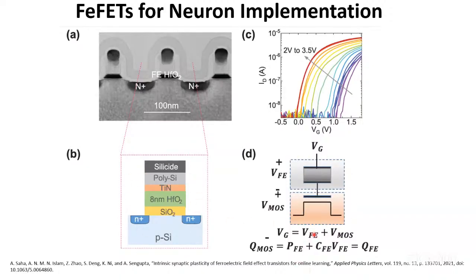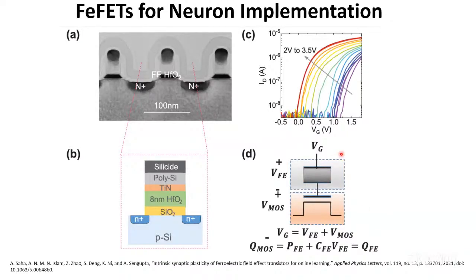The charge in the channel will depend upon the charge in the ferroelectric and the total charge. The charge in the channel is controlled by the charge inside this ferroelectric capacitor.